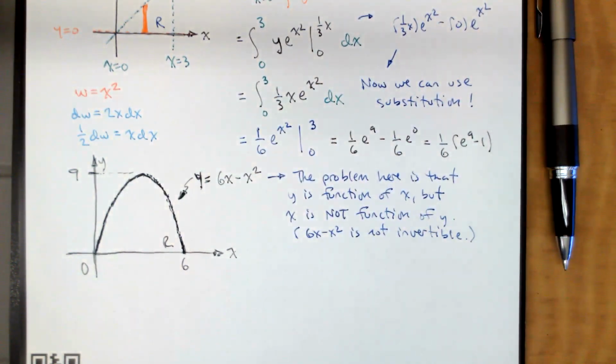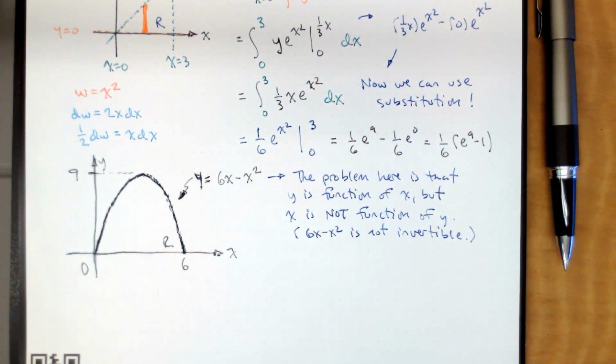So let's take a look at what we need to do. The easy way to make this happen is, since that function y equals 6x minus x squared is not invertible, I'm just going to use that as the top. I'm going to integrate y from 0 at the bottom to 6x minus x squared at the top.